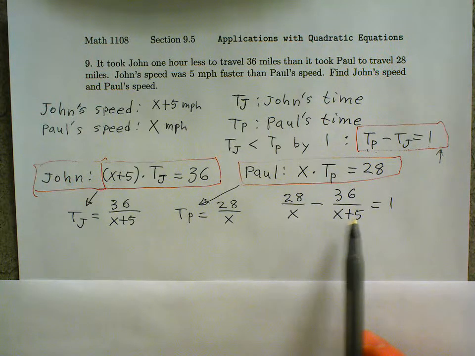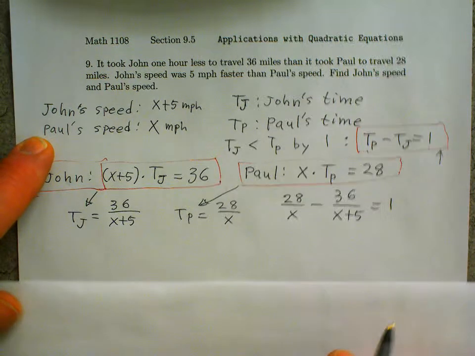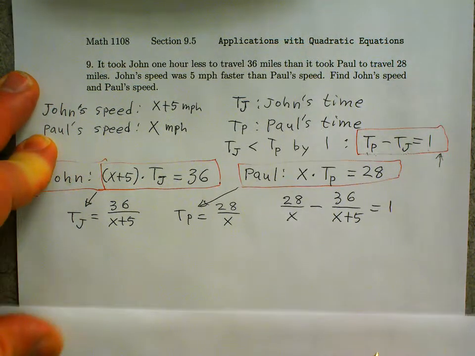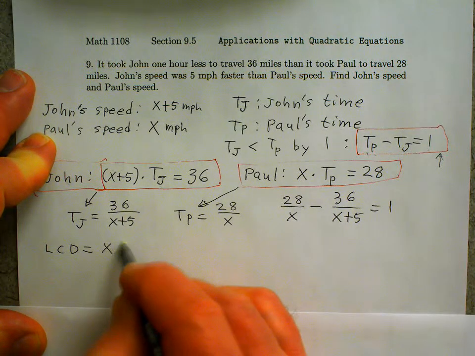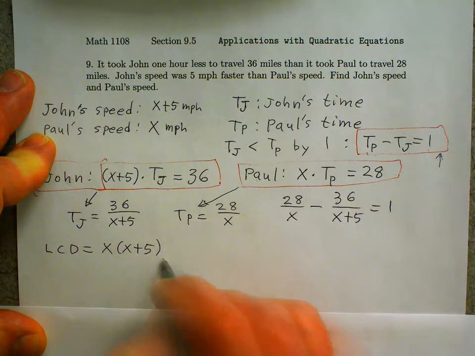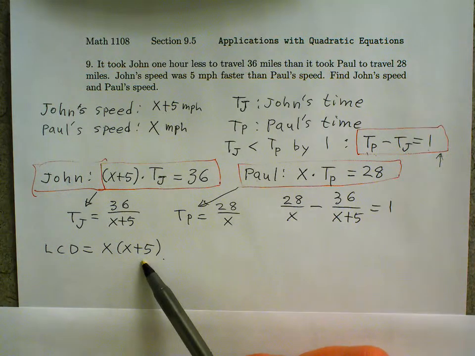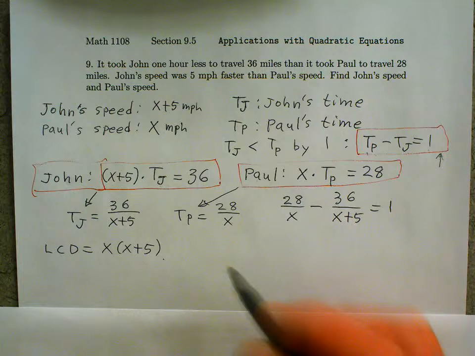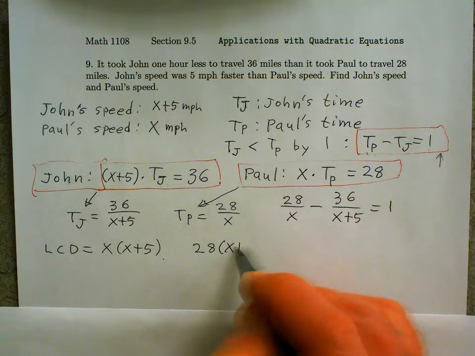Multiply every term on both sides by the least common denominator, which is x times x plus 5. When we multiply x times x plus 5 times 28 over x, the x's cancel, and we get 28 times the binomial x plus 5.